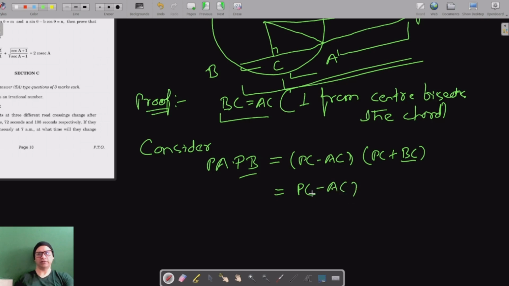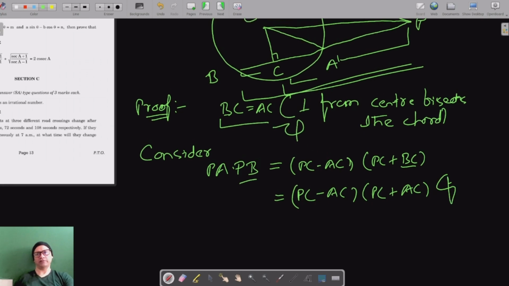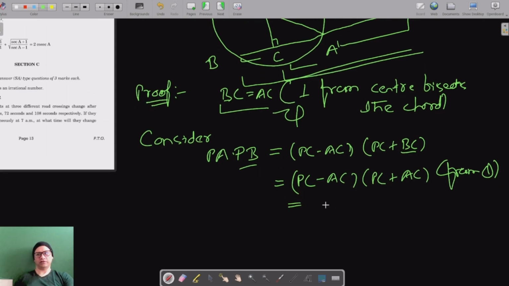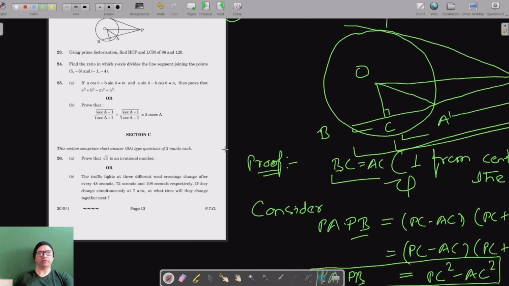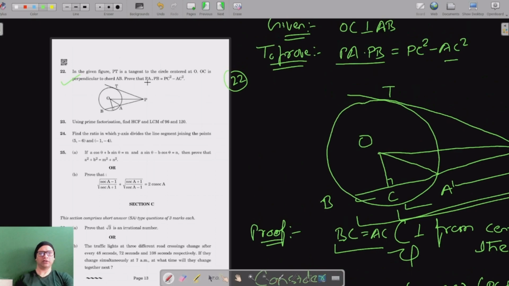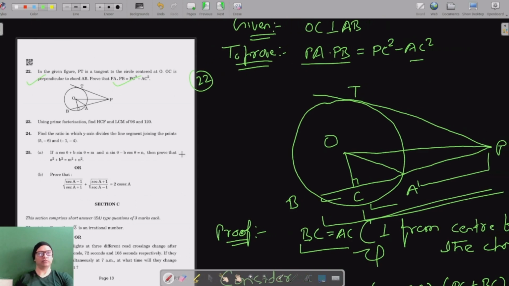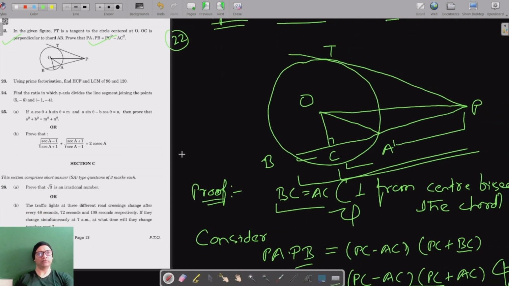So it's BC minus AC into BC plus AC. This is now equal to a minus b into a plus b, which is a square minus b square. So PA into PB is equal to BC square minus AC square, and that's what was asked to prove. And let's move on to question number 23.